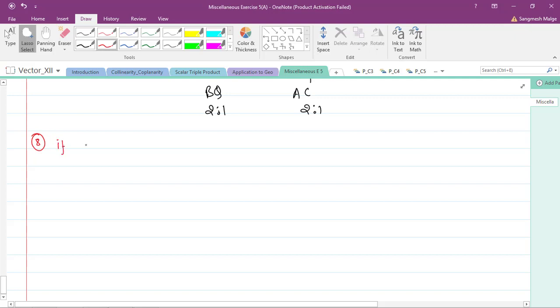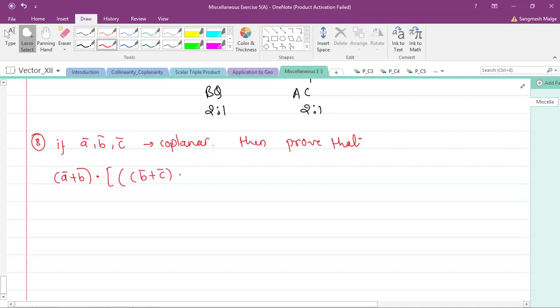So if a bar, b bar, c bar are coplanar vectors, then prove that (a bar plus b bar) dot [((b bar plus c bar) cross a bar) plus ((b bar plus a bar) cross b bar)] is equal to 0.